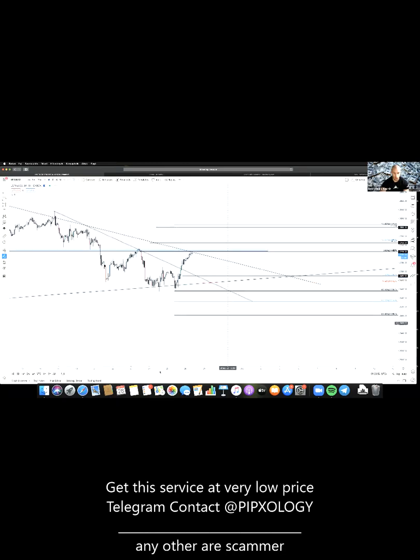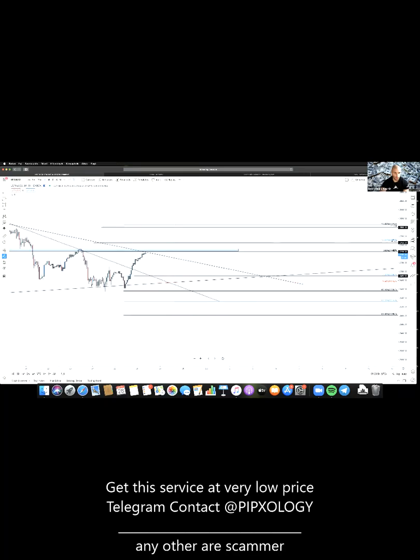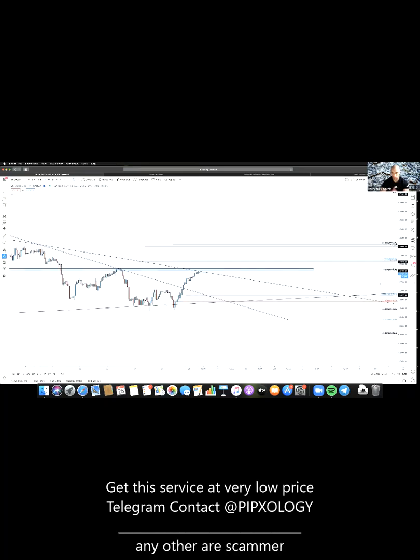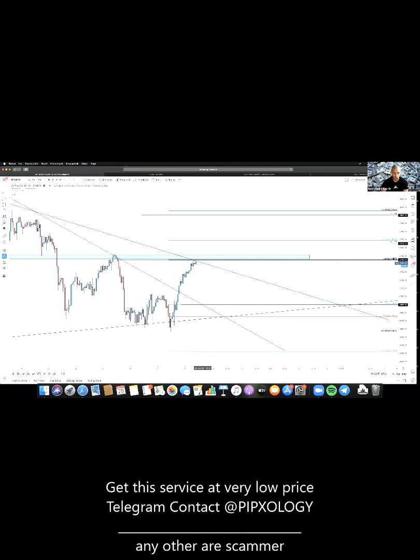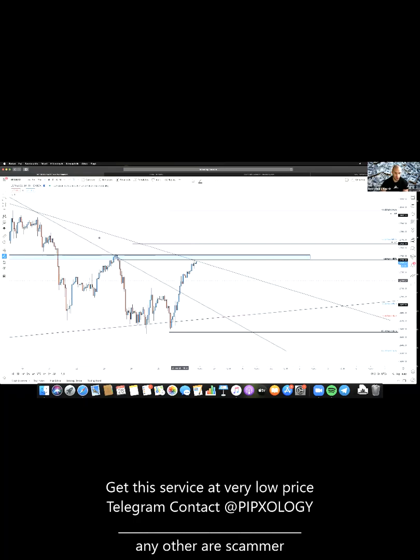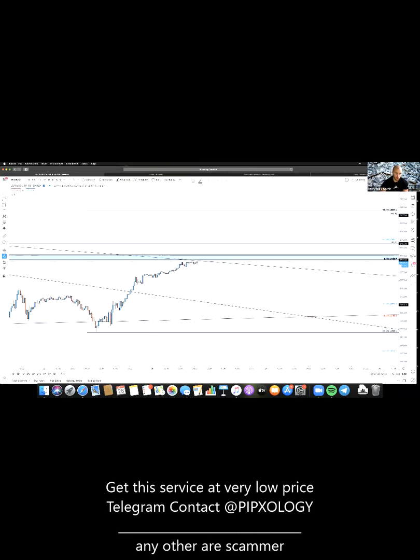Let's go back to the H1. You can see actually from this point, 61.8 is quite far. So if the price breaks this channel, we can take a short position.